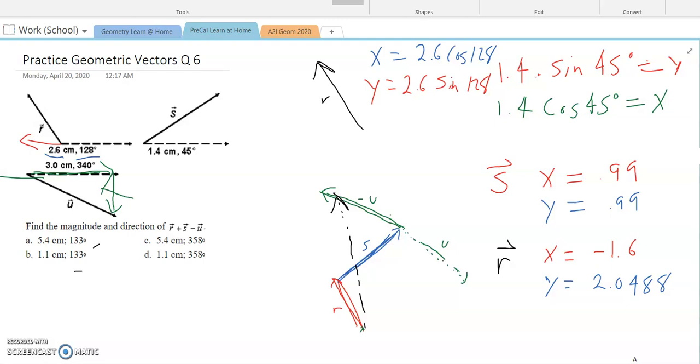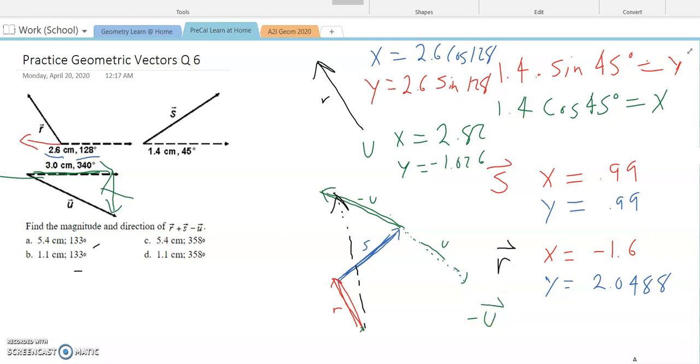You do it the same way, and whatever values you get, just make them opposite. So if you did u, you should get x equals 2.82 and y equals negative 1.026. So I'm just going to use the opposite ones for both of these.